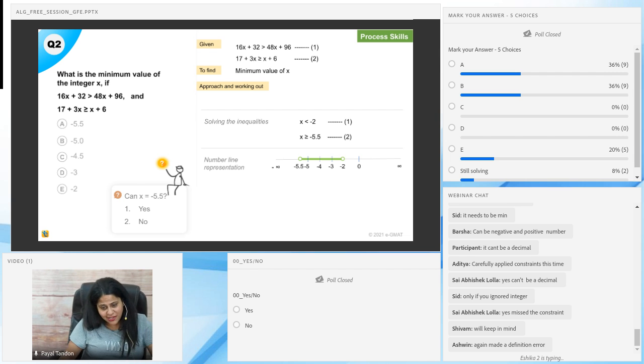So that was the definition error, which again led to the constraint error. Here, you didn't even observe the constraint. That is the issue over here. You didn't look at the constraint that x is an integer. Unless you looked at x as an integer, but you didn't know what an integer is, then it's a definition error. Got it, Ashwin?